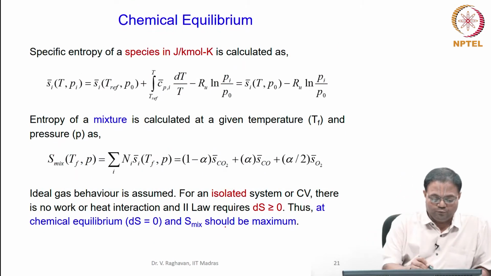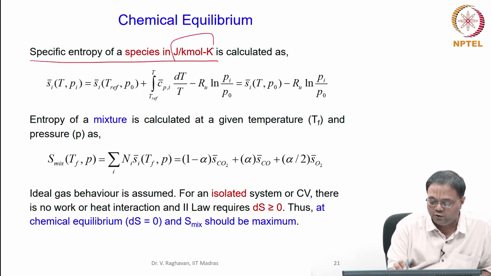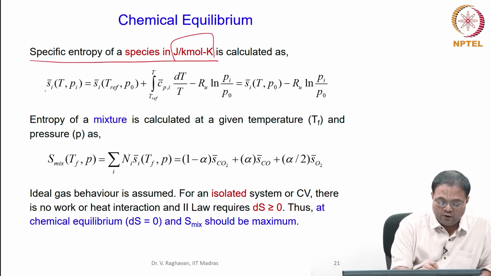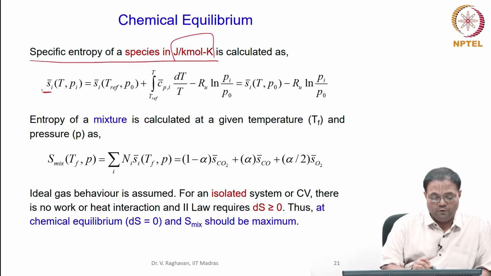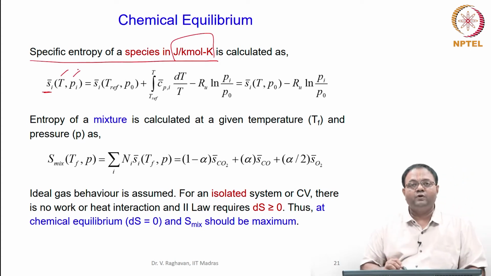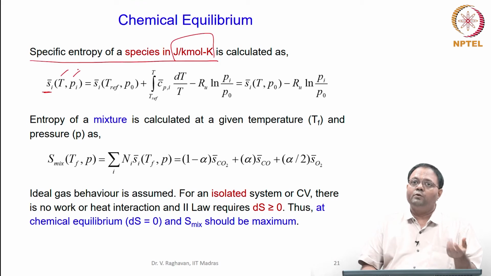So we can write the specific entropy in molar units, joule per kilomole Kelvin, for any species i. So Si for any species at a given temperature T, and the partial pressure of the species is Pi. It is not equal to atmospheric pressure, so Pi. Even if the combustion occurs at atmospheric pressure, since the partial pressure of the species is different than the atmospheric pressure, you will have a pressure dependence.